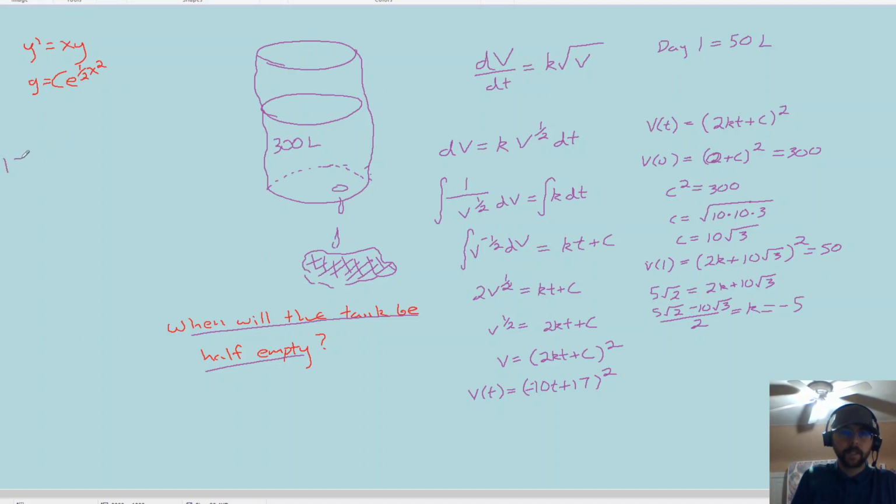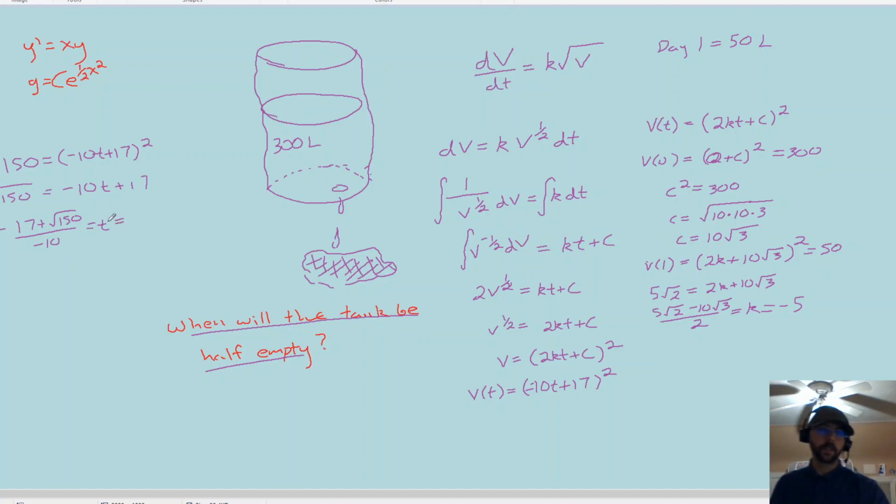So we have 150 as our new volume equals negative 10t plus 17, squared. Square root of both sides, we get square root of 150 equals negative 10t plus 17. I'm going to subtract 17 and divide by negative 10. So negative 17 plus square root of 150, divided by negative 10, equals t in days.